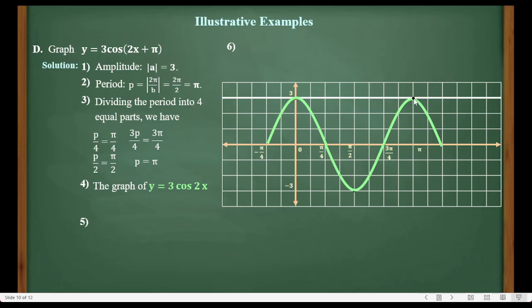So again, as I told you last time, the appearance of one cycle of the graph of cosine is actually similar to the shape of the letter U or letter V.